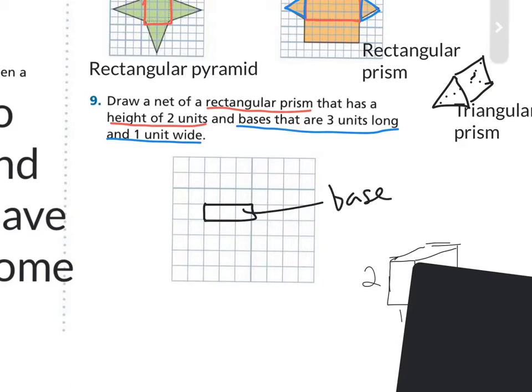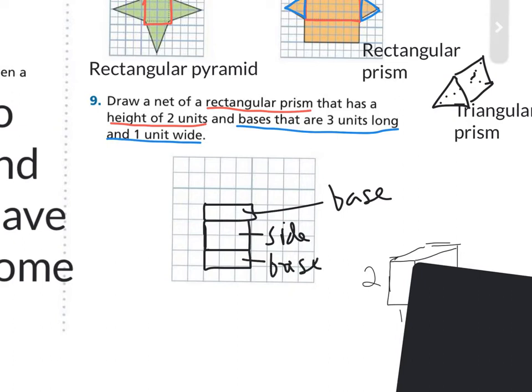It's going to be 2 units high, so we go 2 squares from there. And we'll make that into a rectangle. We know on a rectangular prism all the faces are rectangles. So this would be a side. And then if we want to continue in this direction one more, the next piece here would be our other base.